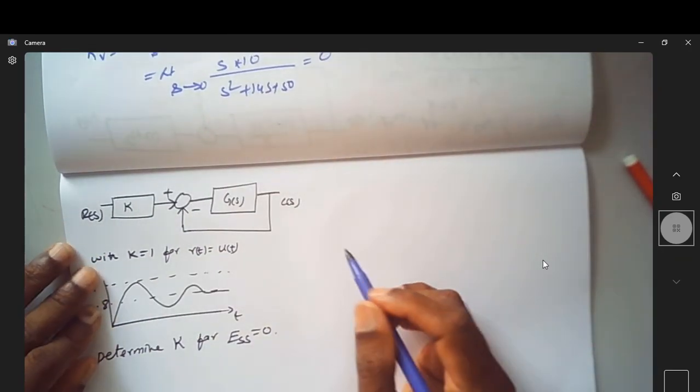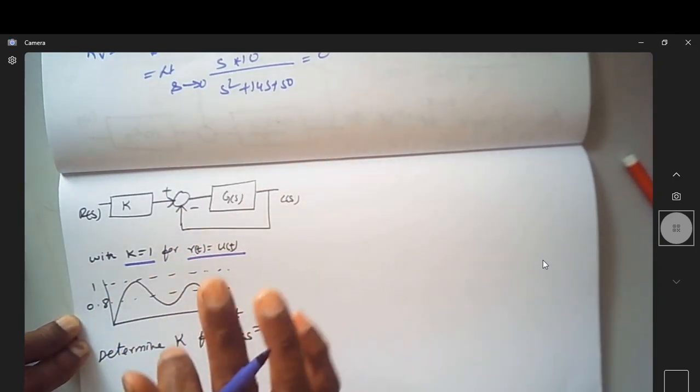Okay, let us see this. This is a very interesting one, a conceptual question. With the value of k as 1 for a unit step input, this is the response of a system having some GFS. So we don't know what GFS is.